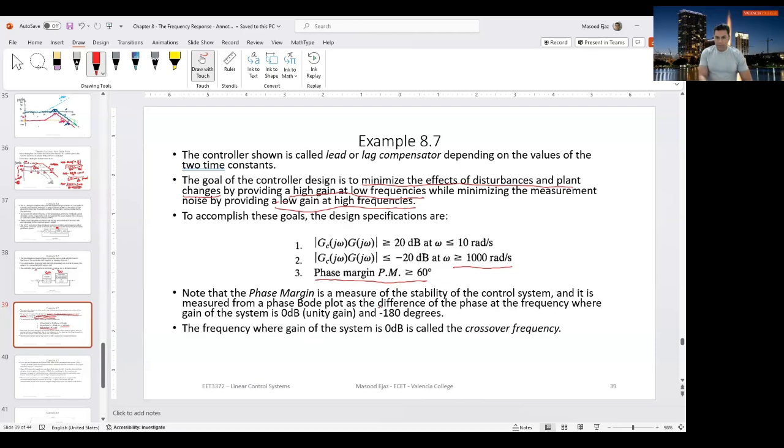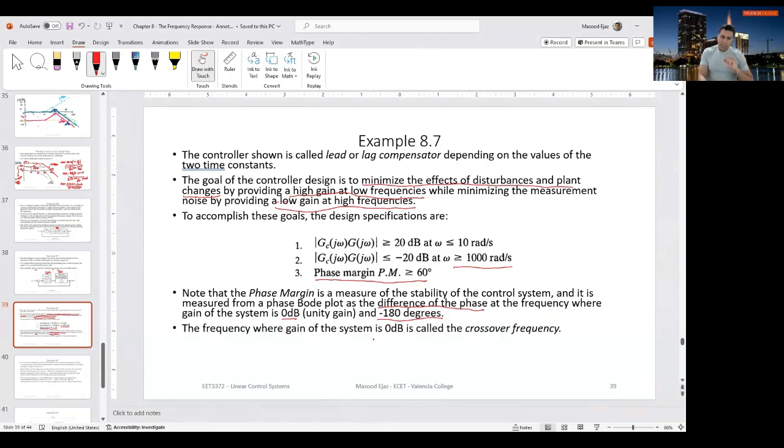So we will observe the phase of the system at the frequency where the magnitude gain is 0 decibel, and we are going to subtract negative 180 degrees from that. So that difference is called the phase margin. The higher the value of that phase margin, the more stable the system is.